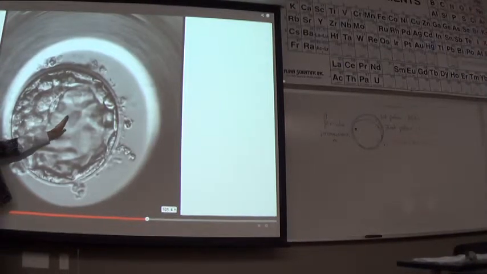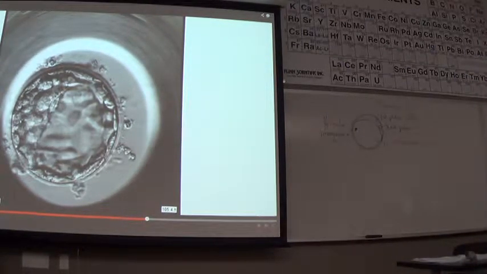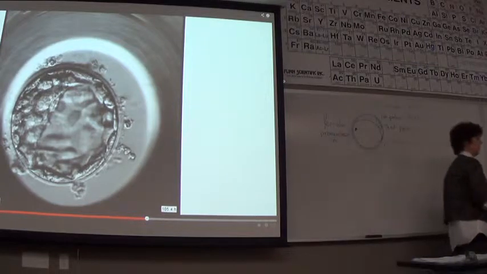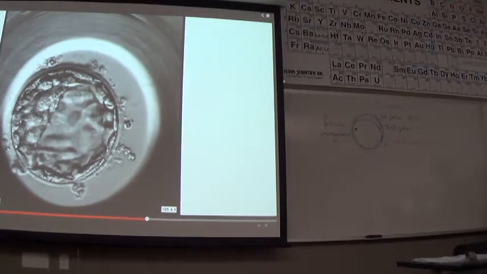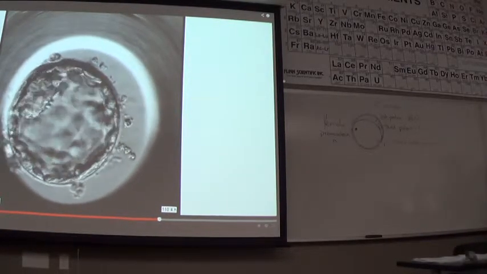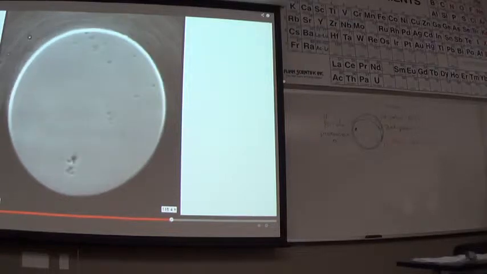This is exposed to the fluid inside the blastula but not outside. These are exposed to the fluid outside but not inside. And we have the ones in the middle that aren't exposed to either. So we're starting to differentiate where the cells are located and what the chemicals they're associated with. And we still have the zona pellucida around it, all right? And this is what ends up implanting into the uterine cavity.